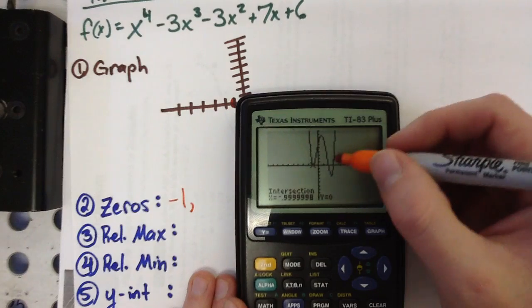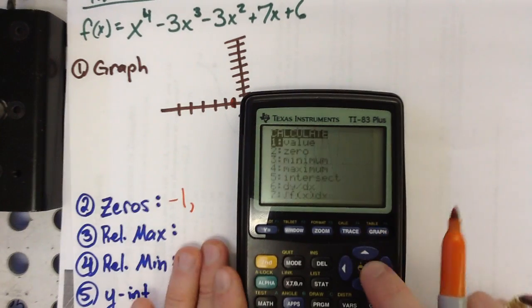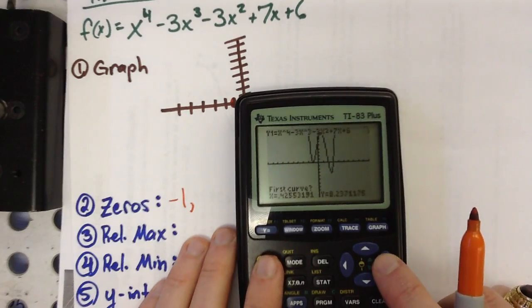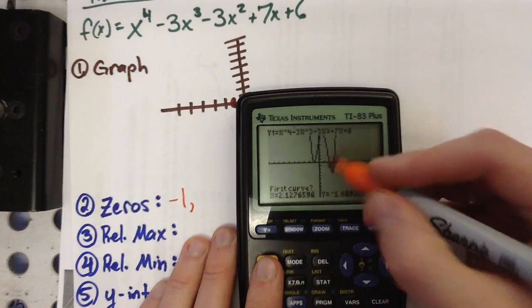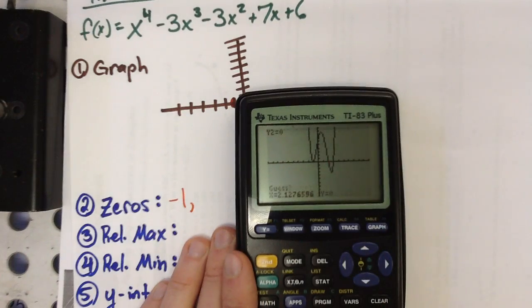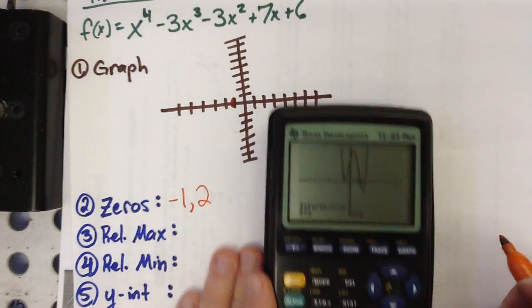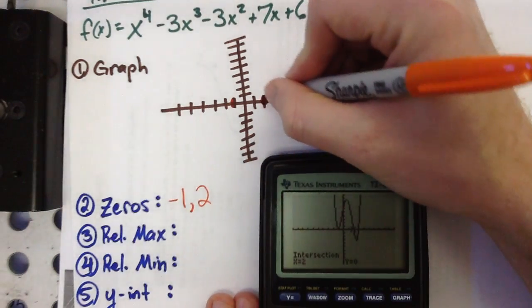Okay, I have 2 more here. So second trace, intersect. All right, we'll move over to the next one. We'll do the one in the middle. Looks like that one is at 2. Okay, so put a dot at 2 on the graph.